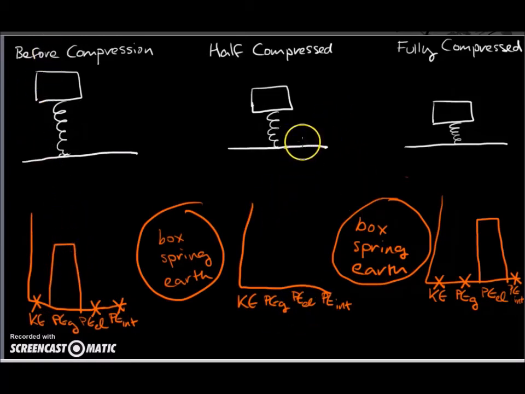In the half-compressed situation, the box and the spring are moving, so we do have kinetic energy. We also have potential energy of gravity, and by half-compressed, I should have specified this earlier, I mean partially compressed. I didn't want to create any confusion with that, and I'm sorry I didn't do that earlier.